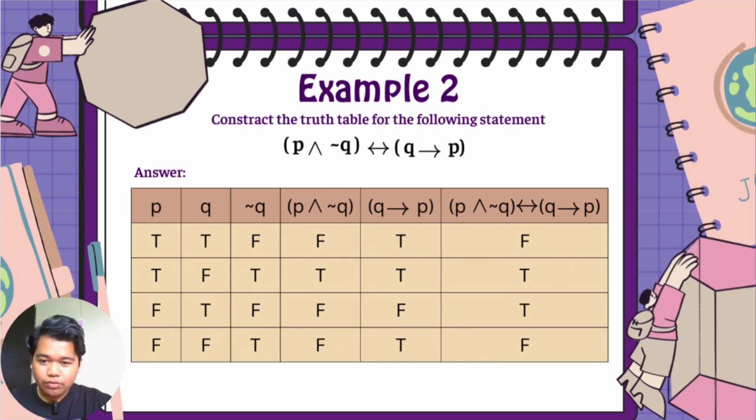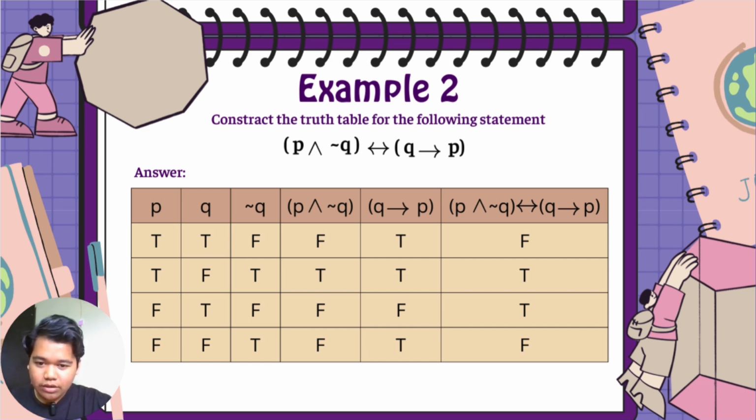For example 2, the question is to construct the truth table for the following statement. The statement is P and not Q biconditional Q implies P. First, we need to construct the table for P and Q. For P, the truth values are true, true, false, false. Then Q is true, false, true, false.